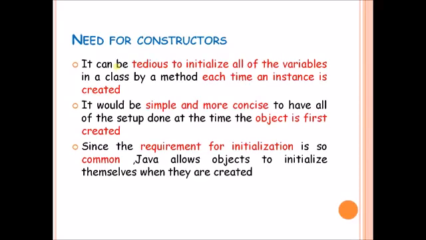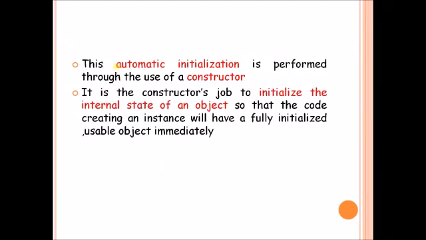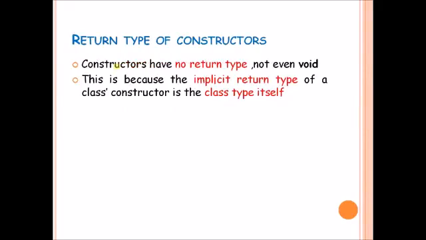Since the requirement for initialization is so common, Java allows objects to initialize themselves when they are created. This automatic initialization is performed through the use of a constructor. It is the constructor's job to initialize the internal state of an object so that the code creating an instance will have a fully initialized, usable object immediately.